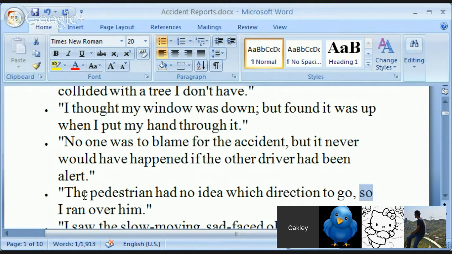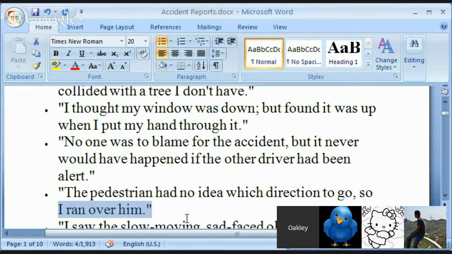In other words, it was not his mistake due to the confusion of the pedestrian. He had nothing to do with it. He had to run over him. Yes, we use so to show a direct result of something else in English. He has taken the responsibility from himself by using so.